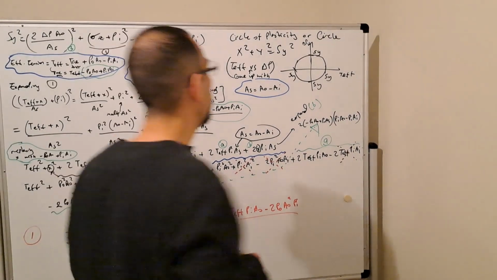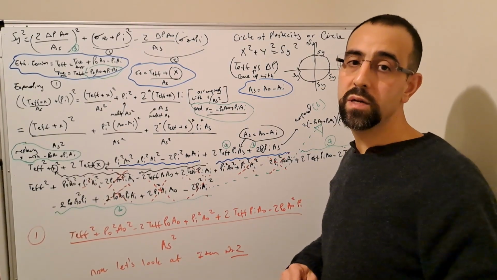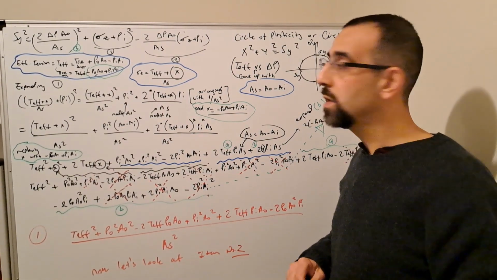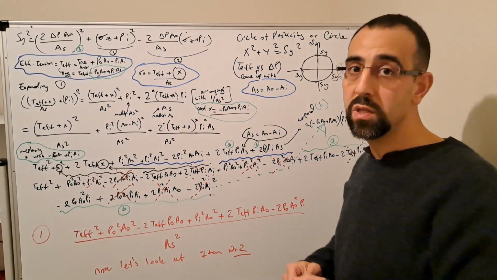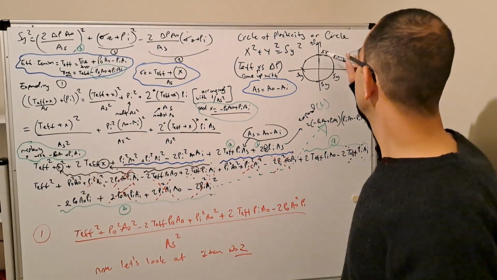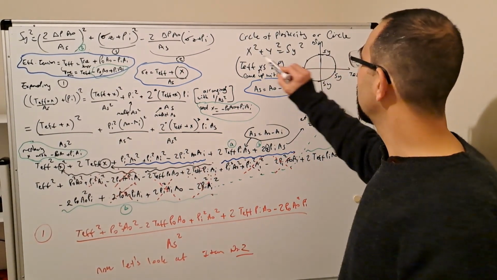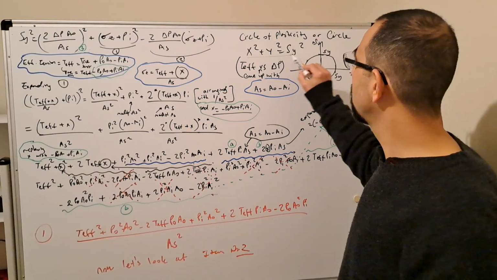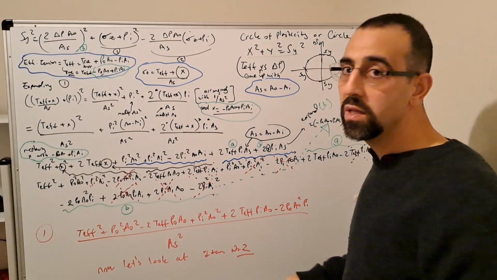Okay, we have just finished deriving the von Mises yield criterion into an ellipse, and now in this step we are going to derive it or put it into a circle form. So in the circle form, it's a yield strength on all axes, and it has the general circle formula of x squared plus y squared equal to the yield strength squared.